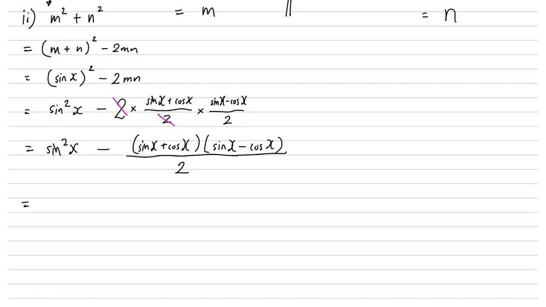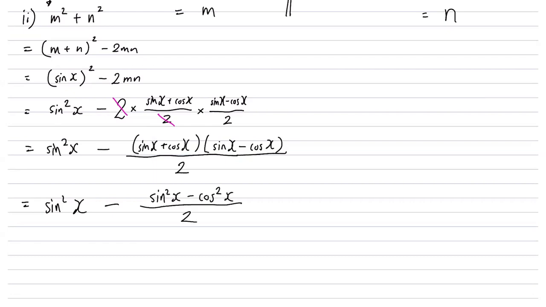Carry on. What should you do? Expand. Can you see any special formula here? Special pattern? A plus b, a minus b equals a square minus b square, equals sine square x minus cosine square x. Very good.